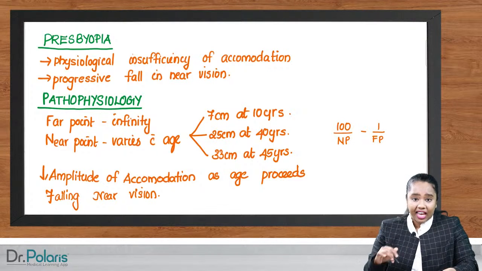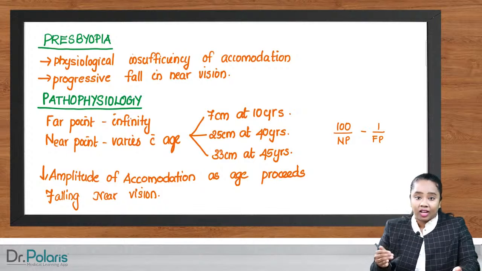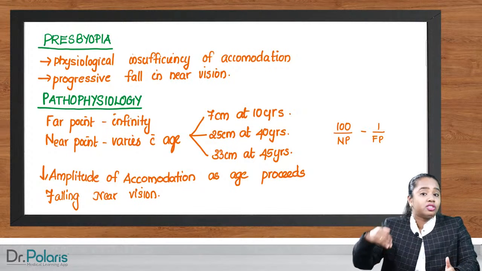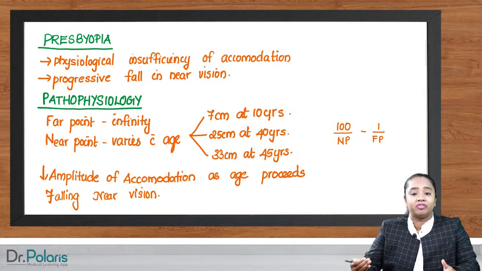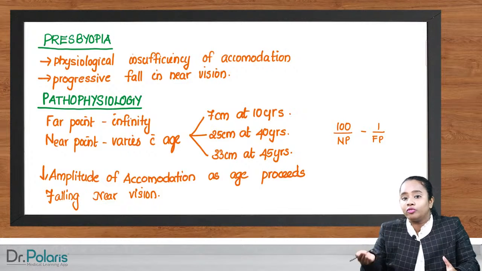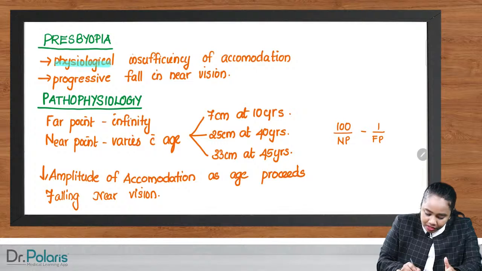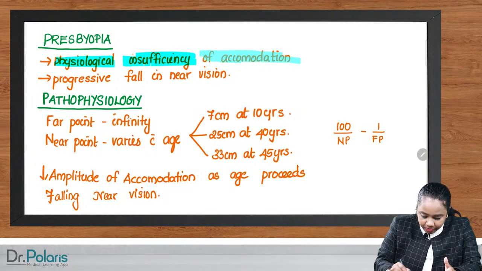Now when a patient gets aged, the ability of this accommodation decreases. And because of the insufficiency of accommodation, the patient will have difficulties in seeing a nearby object. That is, basically they will not be able to focus the diverging rays at the point in retina. So it is the physiological insufficiency of accommodation.